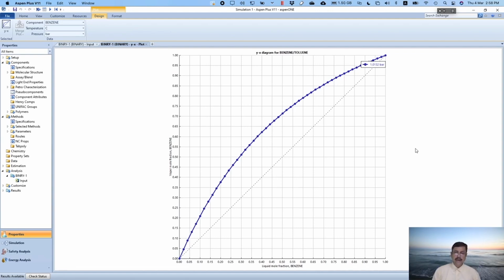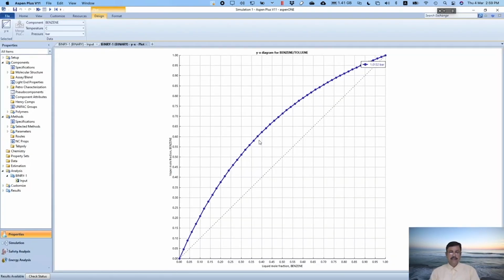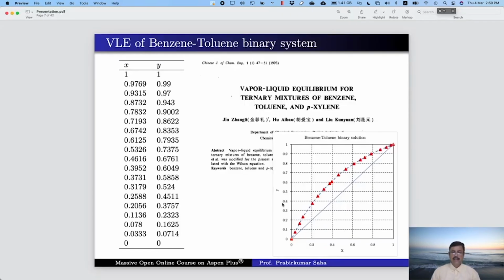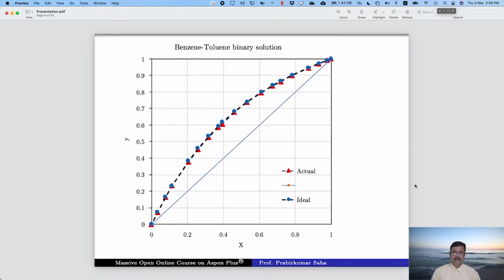Now let us compare it with this one. This is the experimental result and this is the model result. Let us see how close they are. This is the actual, and this is the ideal behavior.